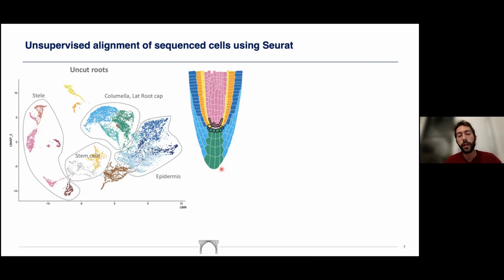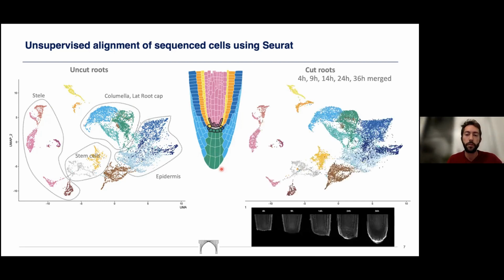And when we look at the cut cells this time, we were surprised to see actually quite the same thing. It's not that surprising when you think about it, because when you look at the roots that are in regeneration, we are only interested in the cells at the wounding site that are regenerating and changing their identity.